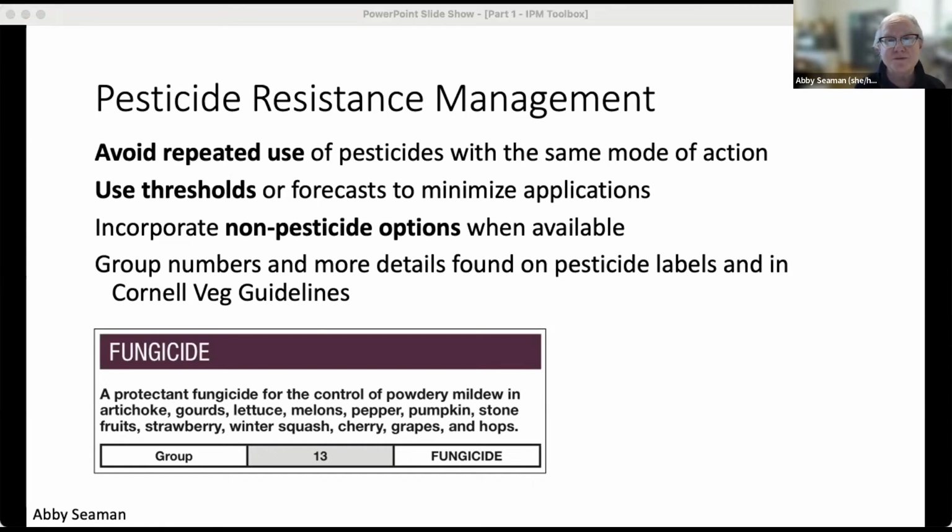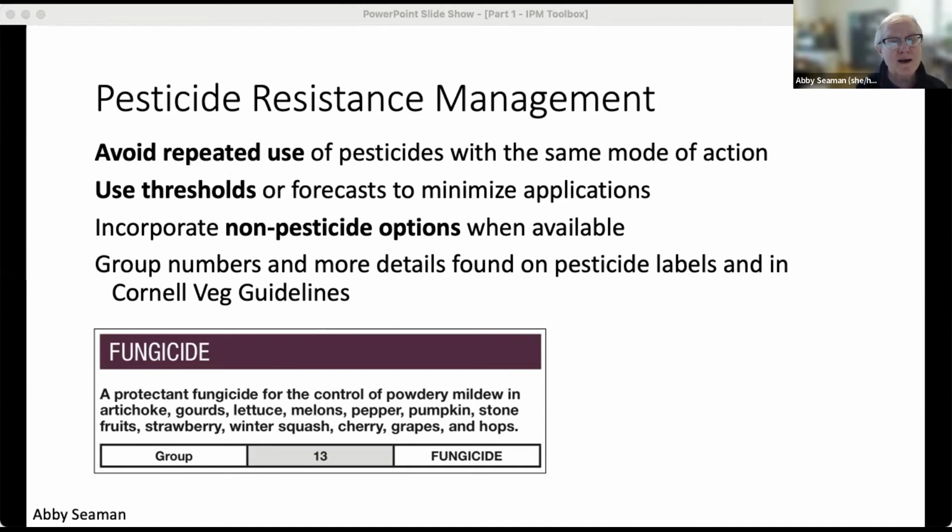That applies for insecticides, fungicides, and herbicides. And you can learn what mode of action a pesticide has from the pesticide label. There will be information on the label as to what group a pesticide is in. So you can see this is from a fungicide label. This particular one is group 13.